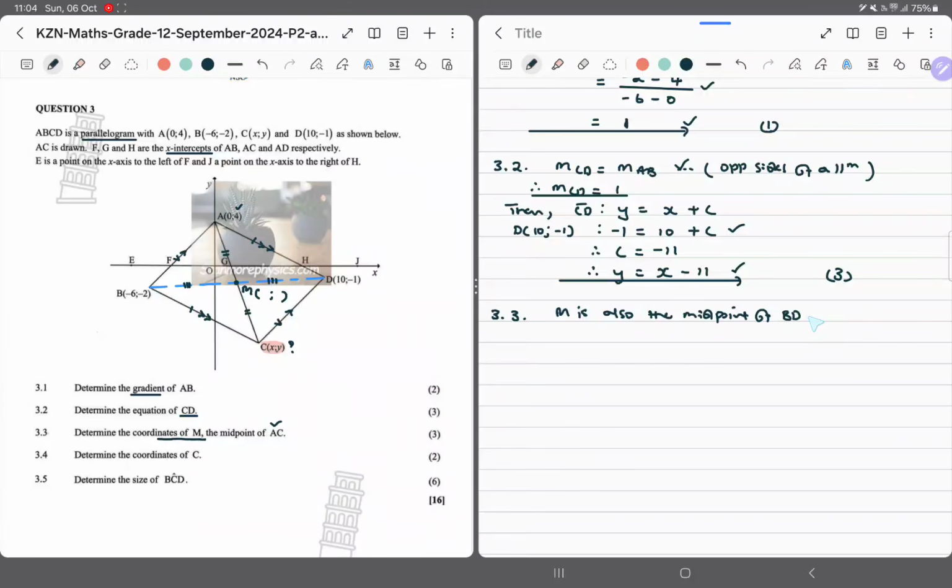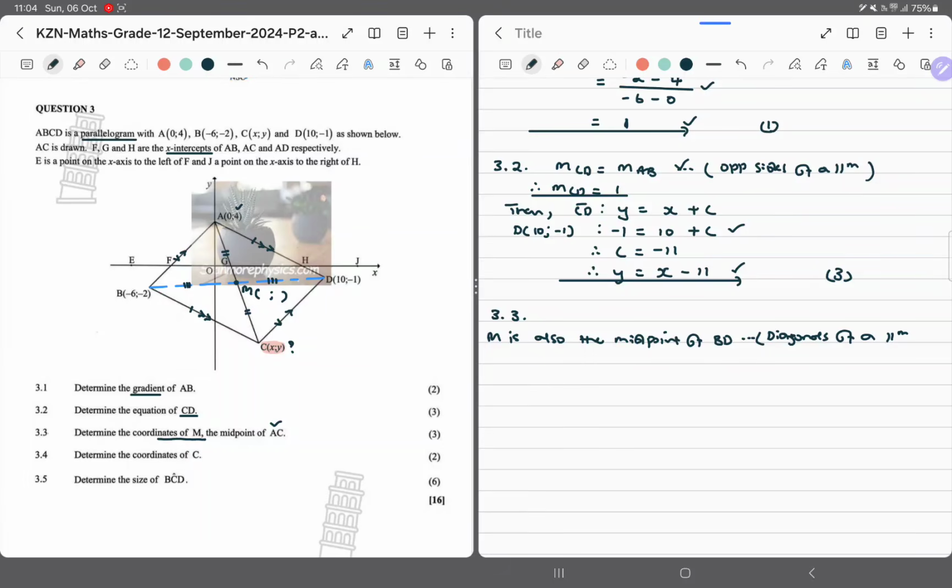Now what is the reason here? Maybe let's take it down. So let's put it here. M is also the midpoint of BD. The reason is that the diagonals of a parallelogram bisect each other, isn't it?